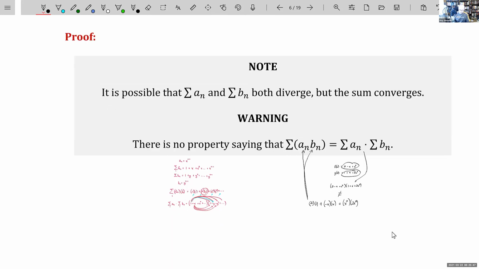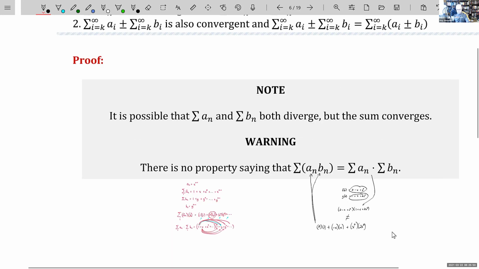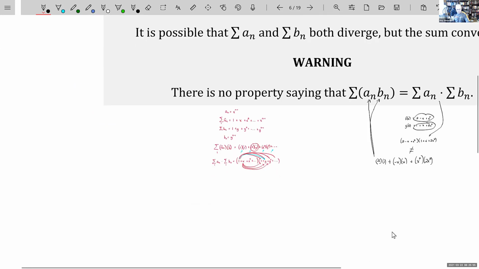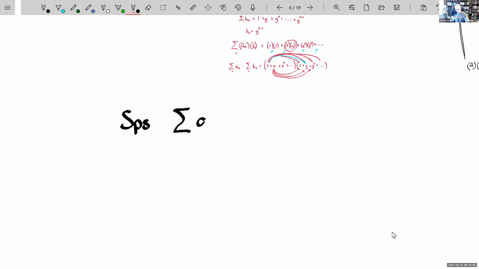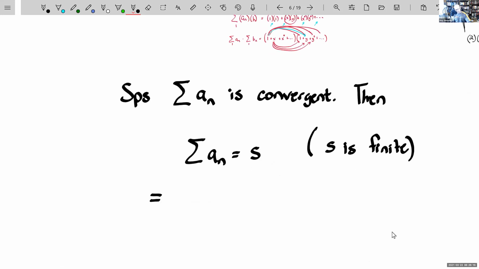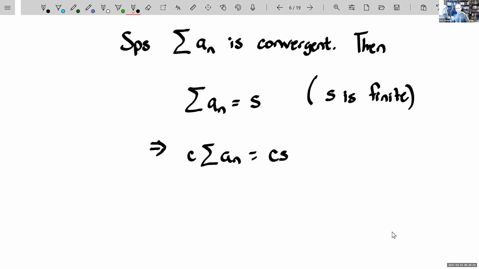I mean, a really quick proof of the first one, if you want to, you could say, suppose the summation a sub n is convergent, right? Then the summation a sub n is equal to s. s is finite, which implies when you multiply both sides by a constant, it's still finite.